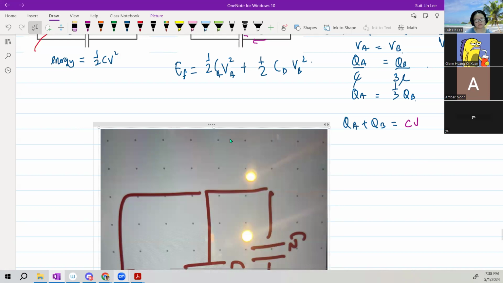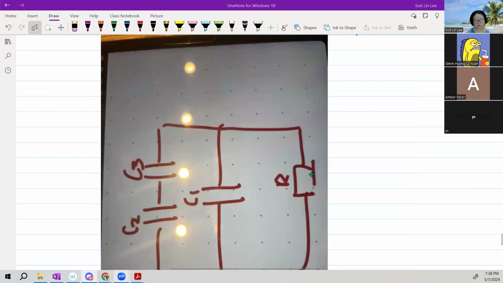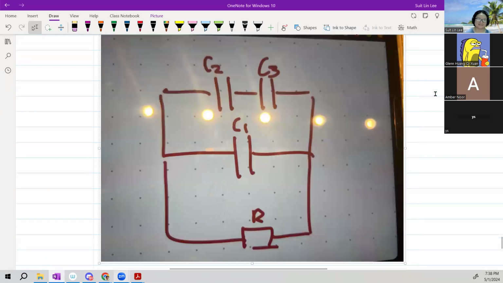Your question is, do all the capacitors discharge at the same rate? The answer is no. No.